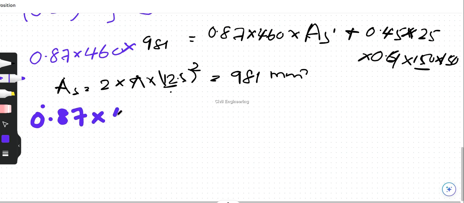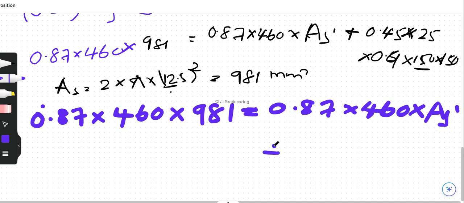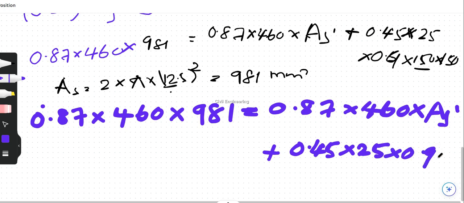0.87 into 460 into 981 equals 0.87 into 460 into As dash, as we don't know it, plus 0.45 into 25, this is the strength of the concrete, into 0.9 into 150 into 150.